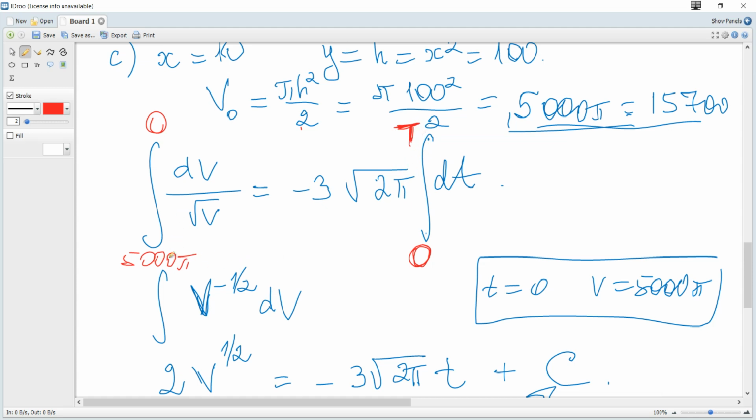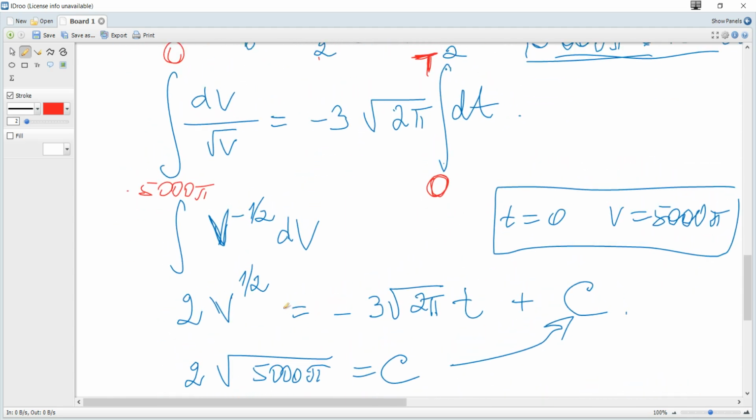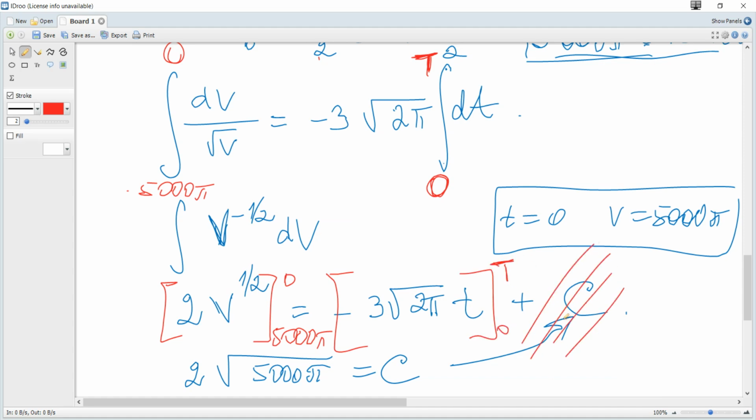It's quite easy to understand that volume changes from the initial value. Here we need volume to be 0, so volume changes from this value to this value, and time changes from 0 to some capital T, and hence you get again the same, but there will be limits from this to 0, and here from 0 to capital T and no constant.